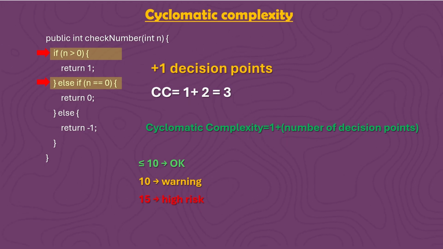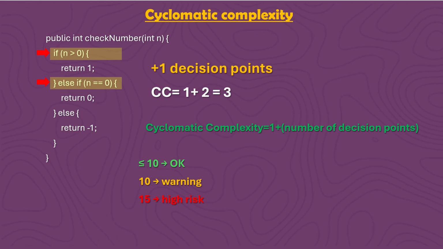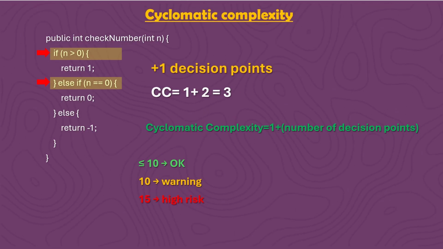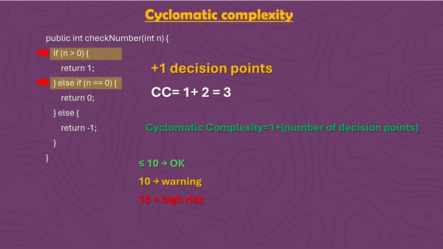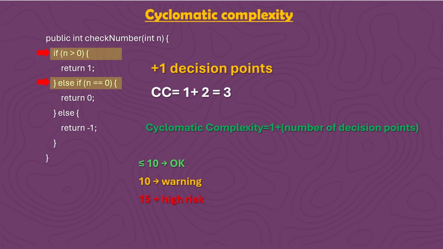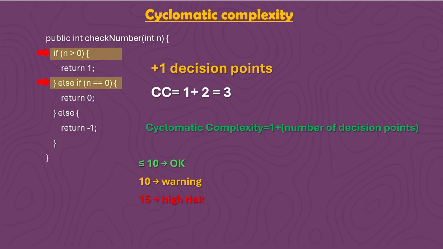As a best practice, developers should keep the complexity as low as possible by breaking the large methods into smaller ones. Consider this code. PMD increases the cyclomatic complexity for each decision point. So we have these decision points in this code: if n is greater than 0 and if n is equal to 0.